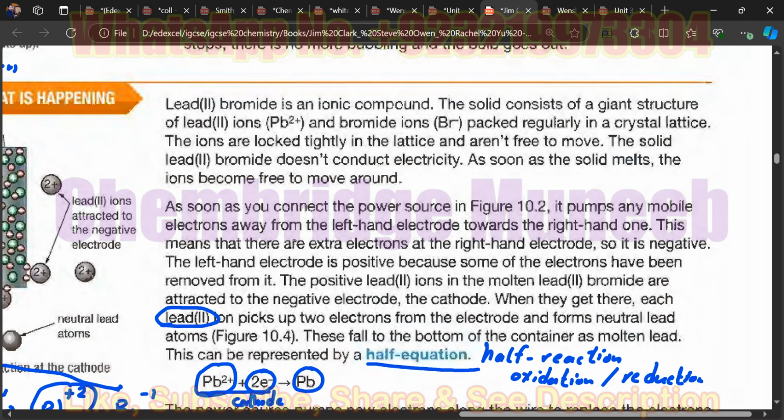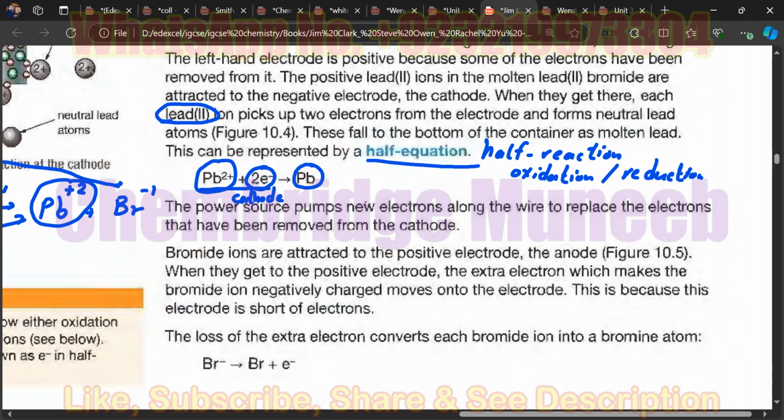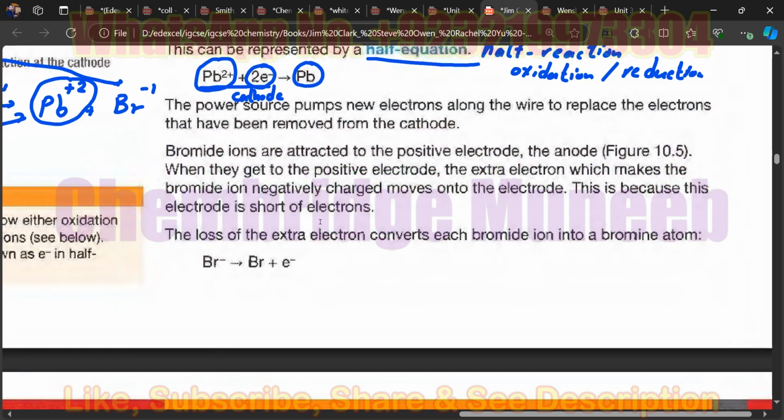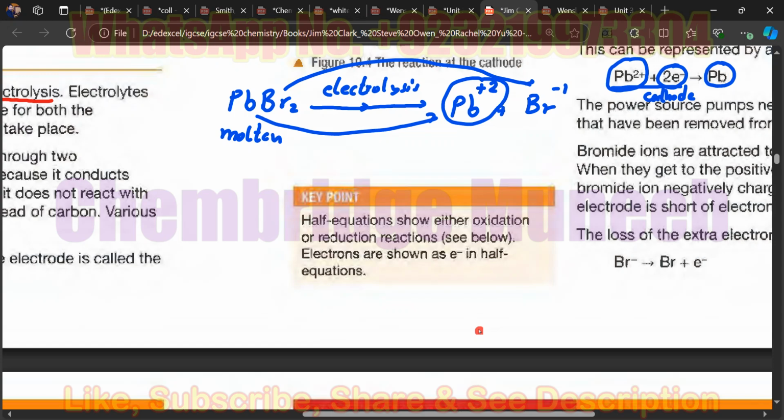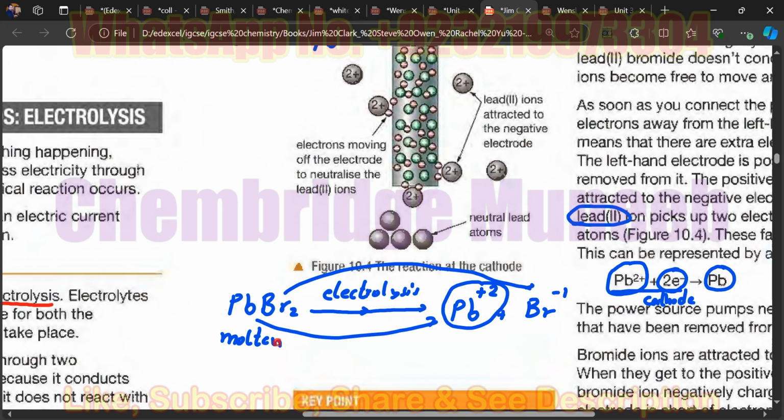Okay. So I have explained the whole of this process. So I can summarize again. The lead bromide goes through electrolysis in its molten form to produce lead ions and bromide ions. The lead ions are positively charged.